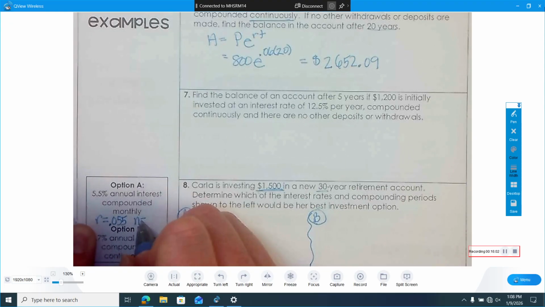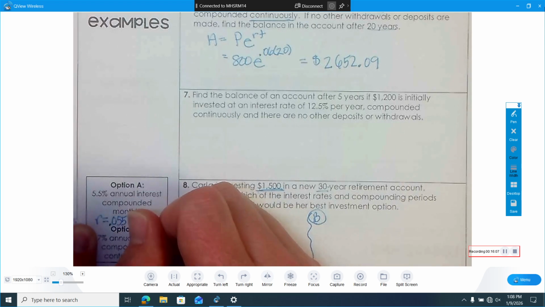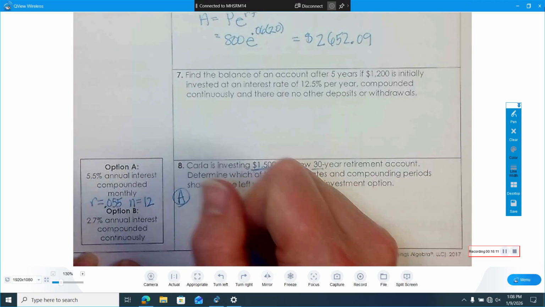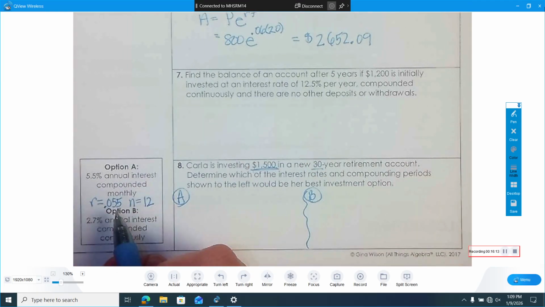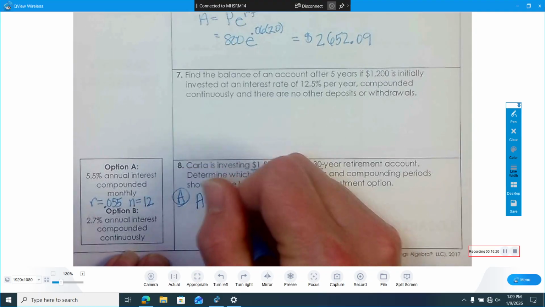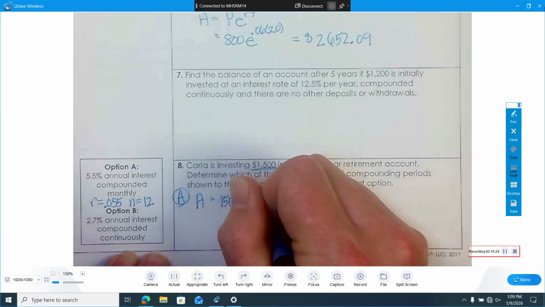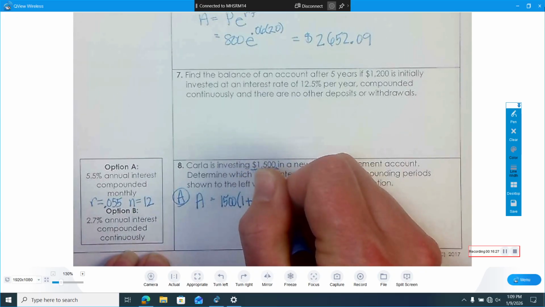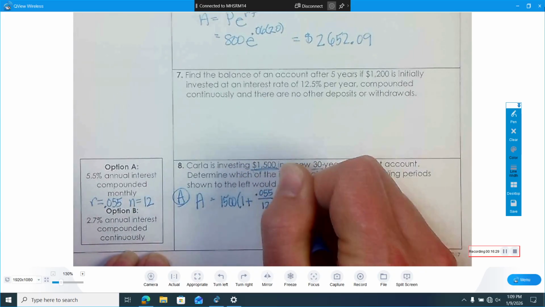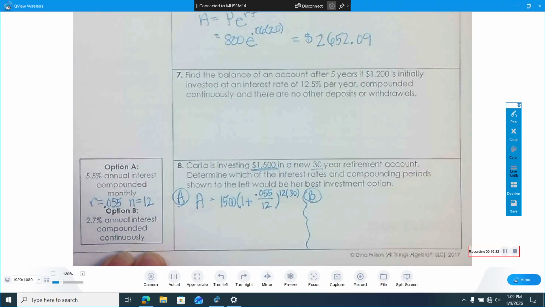And what is our N? 12 times per year. All right. That is compounded monthly. I've got to use the long formula. A equals P, the 1,500, times 1 plus R over N to the NT, 30 years.